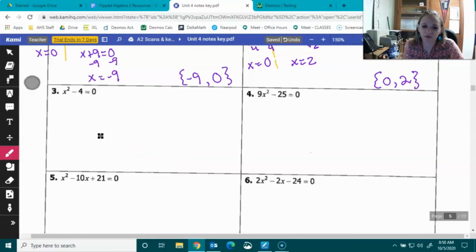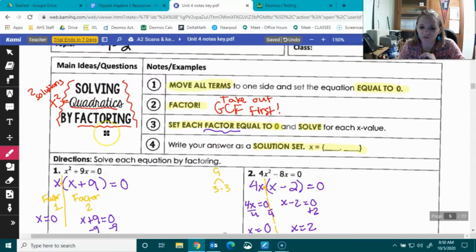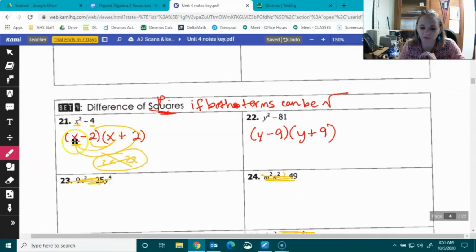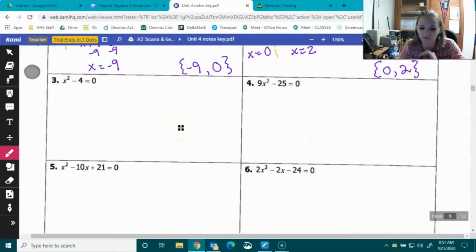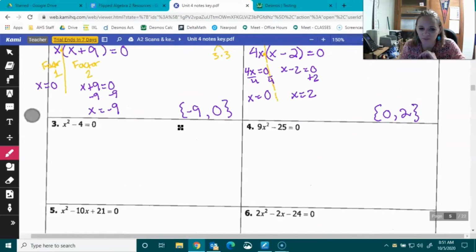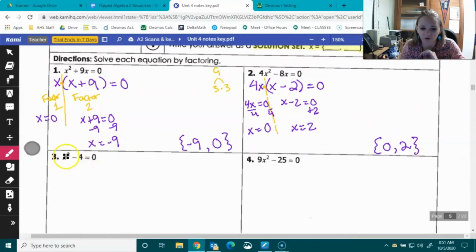Alright, one other thing we can do is just a review of this last one. This next one is like one of these. When you have a difference of squares, that can kind of throw you off. So this next one is an example of that, even though they don't have a 4 or an x in common. However, they can both be square rooted.